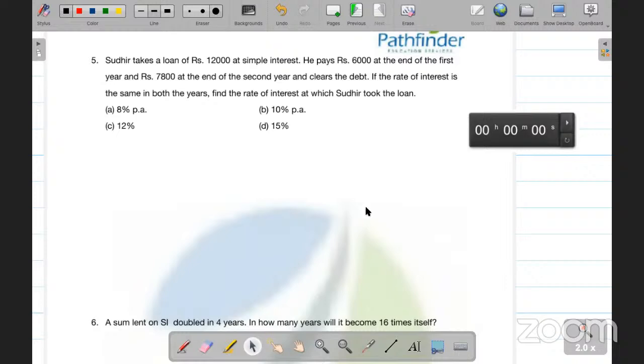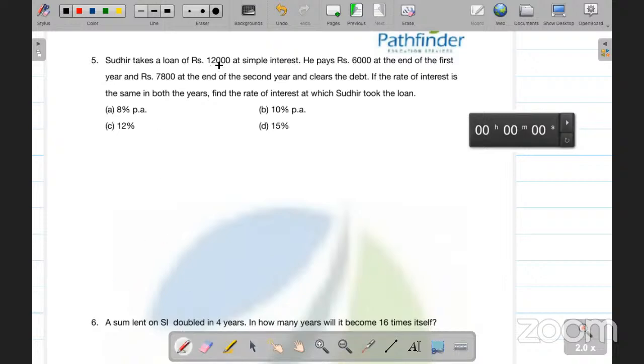Okay, anybody who's got the answer? Anyone who's got the answer to this question, please? Tejas, Subodh, anyone? Okay, so none of you have got the answer to this question.